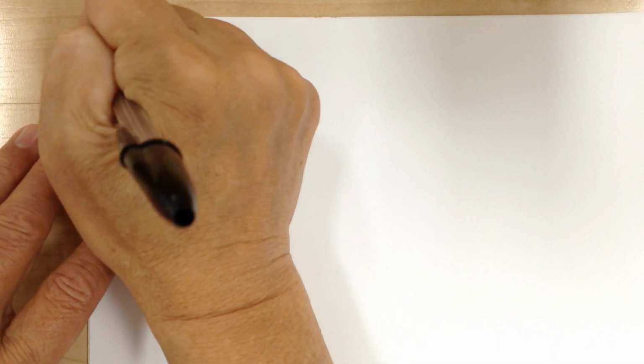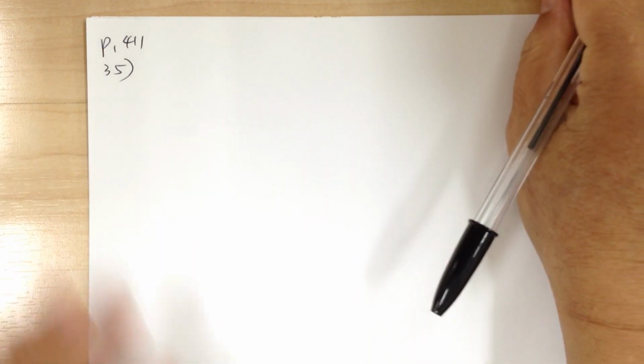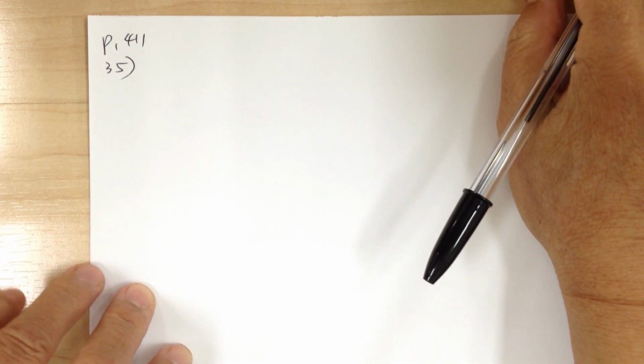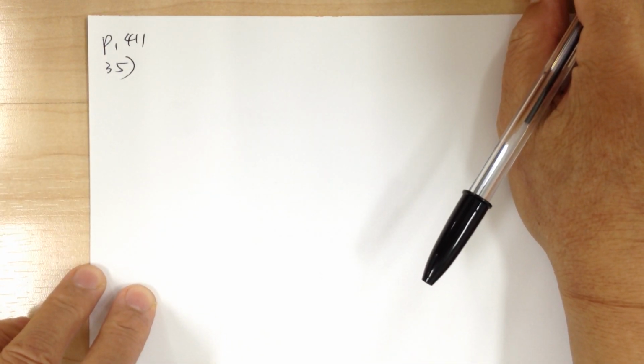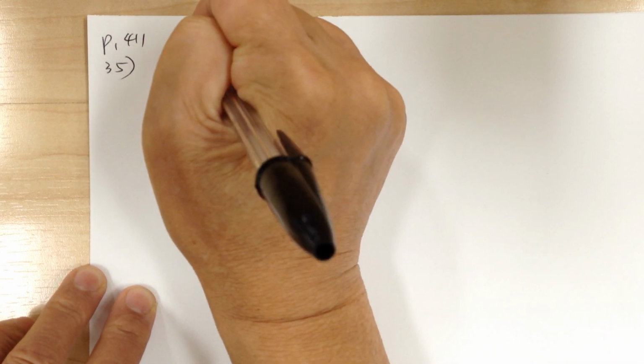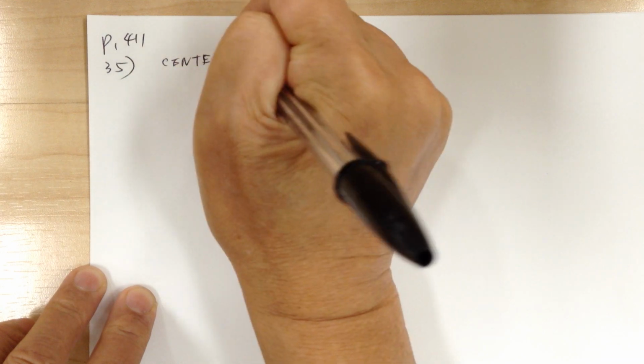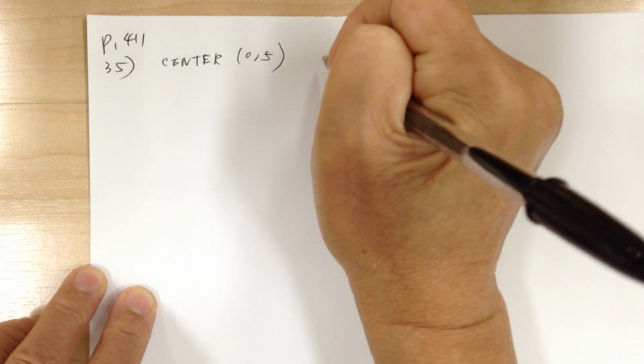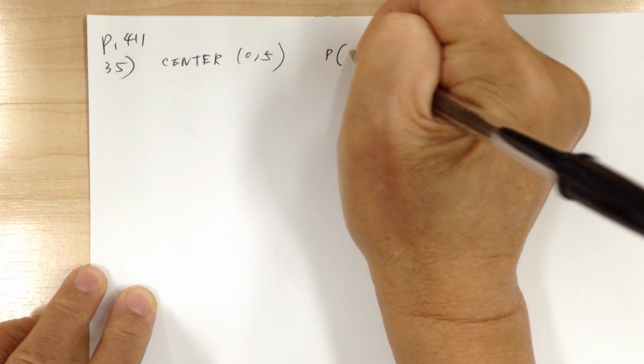Okay, let's go to 35. Find the equation of the circle. It gives you a hint. It says a sketch may be helpful. So you have center at 0, 5, and it passes through the point 0, 0.